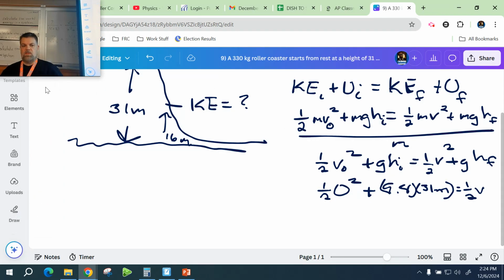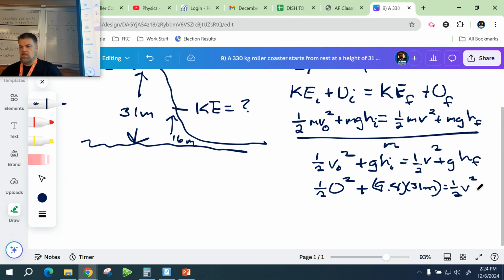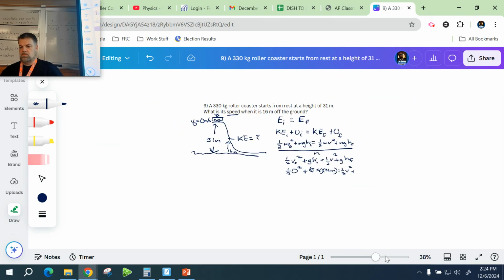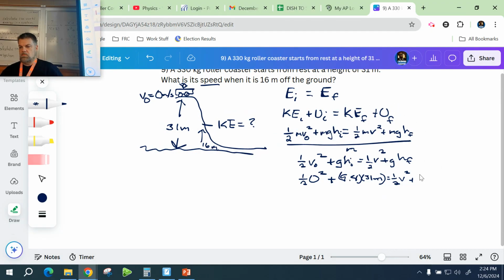Oops, we don't know what the final velocity is. And then plus 9.8 times the final height, which is 16. Okay? This goes to 0, right?